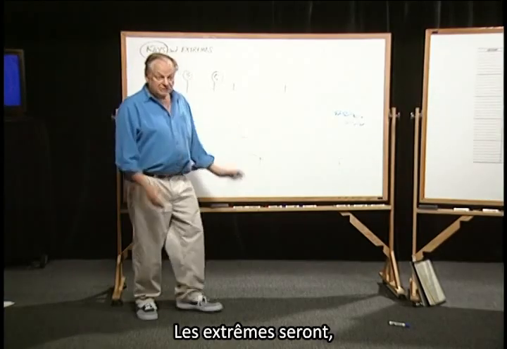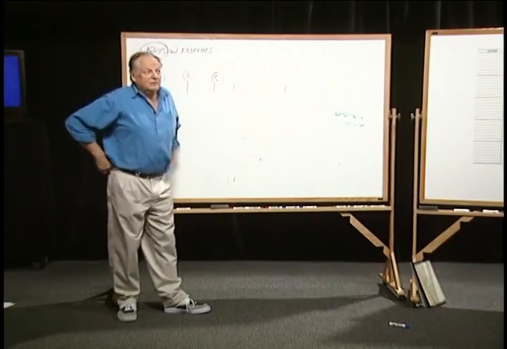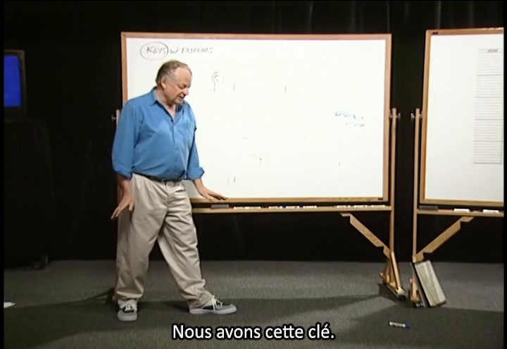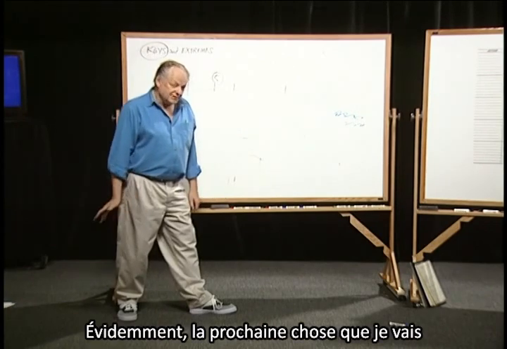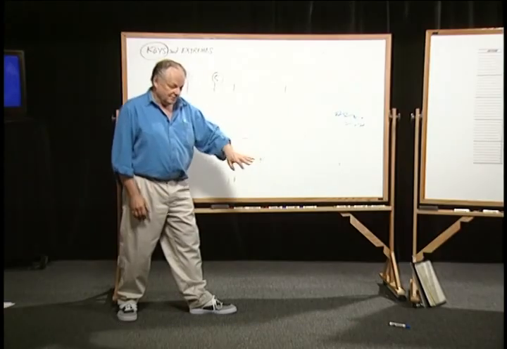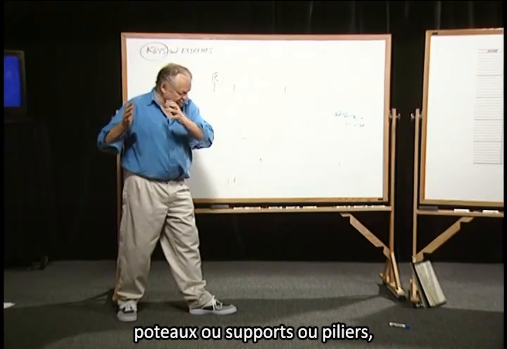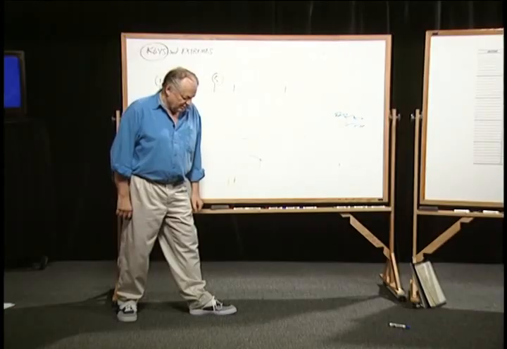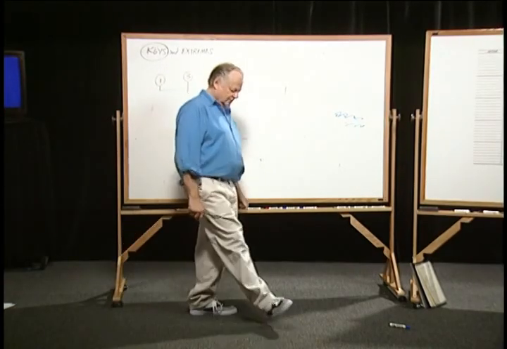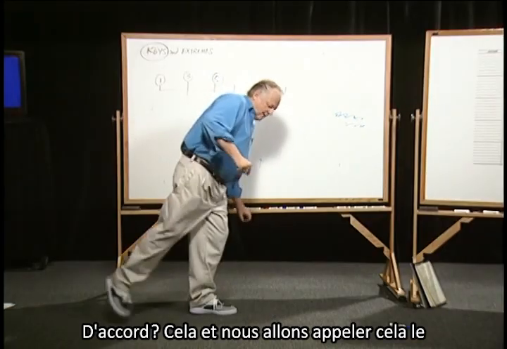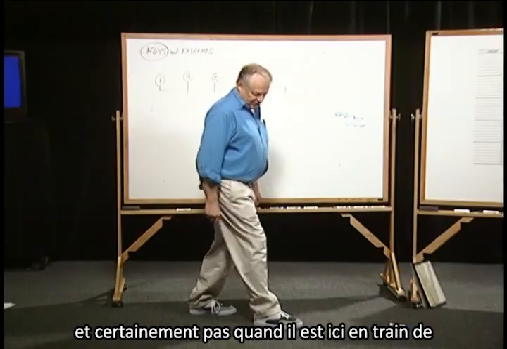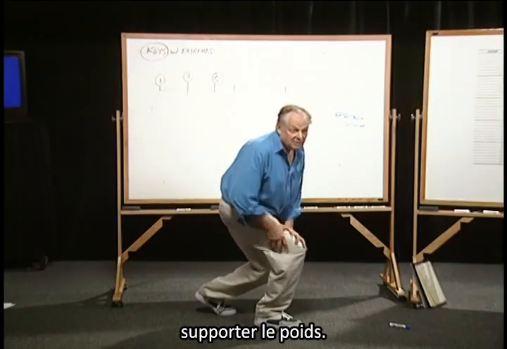You can see the timing crudely from those 3, and you've got confidence. The extremes will be, what are the next important drawings? We've got this key. Obviously, the next thing I'm going to draw, having gotten these 3 fence posts or supports or pillars, is this step. He's going to go here, right? That, and we're going to call this the contact drawing, not where the foot is down, and certainly not when it's down here taking the weight.